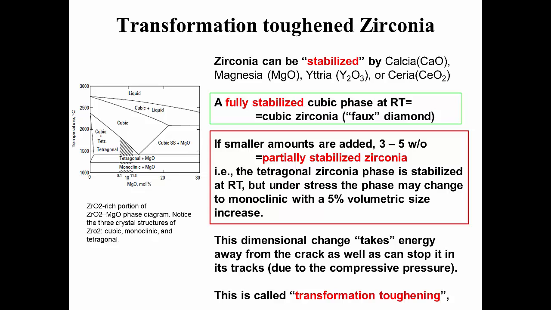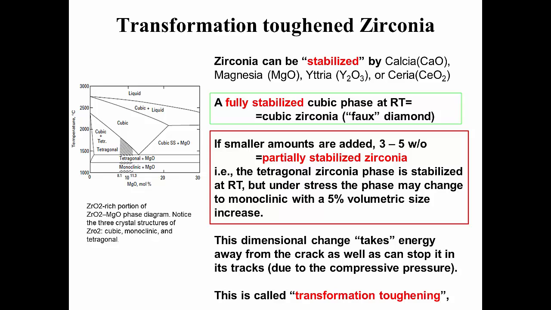And it's not restricted to zirconia, it's also common in steels. In fact, the best steels that we have today are called transformation-induced plasticity steels, or TRIP steels, which offer the best combination of yield strength and fracture toughness. So let's have a look at the case of zirconia.